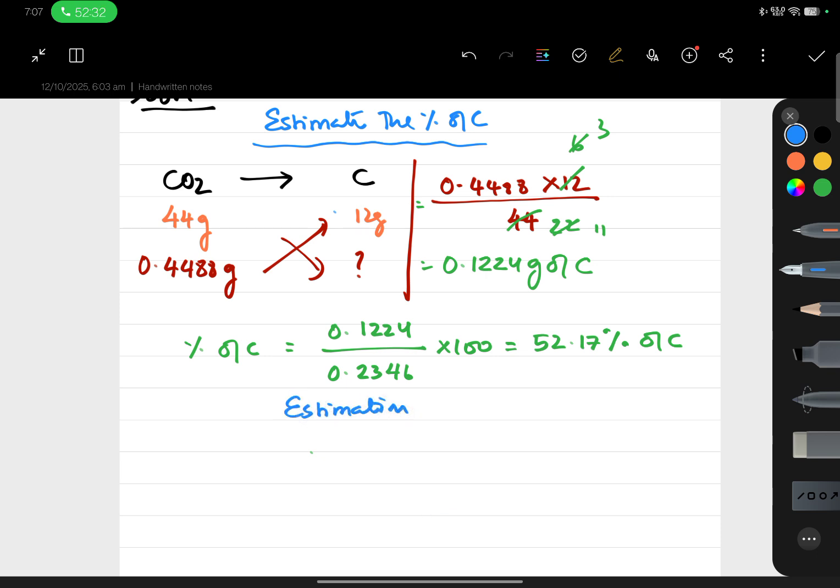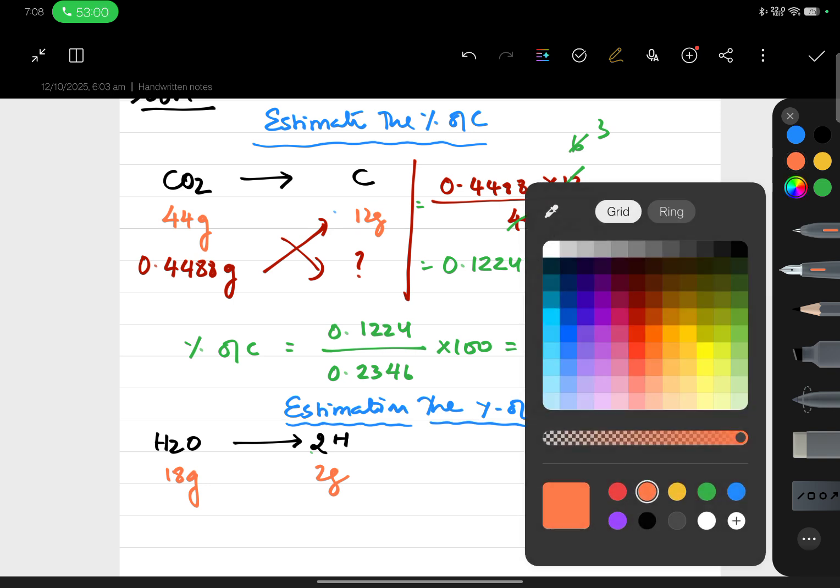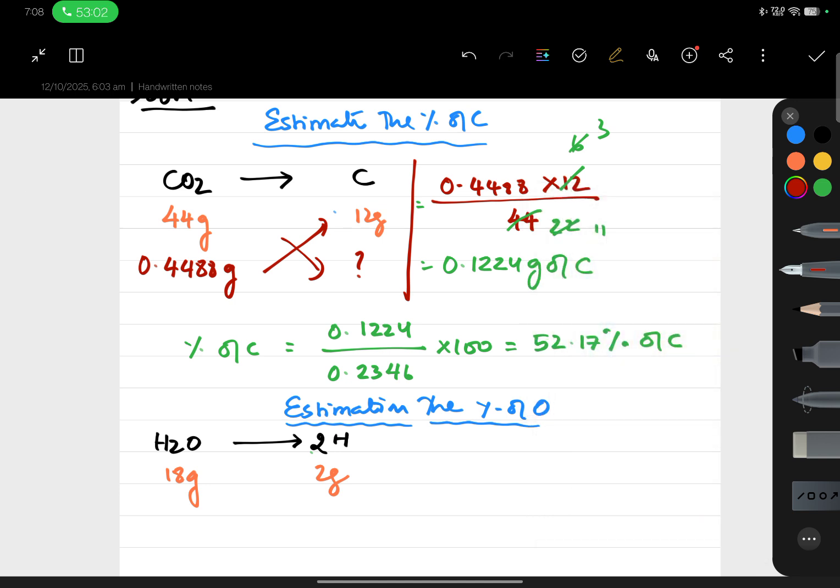Next, to estimate the percentage of hydrogen. How do you do the calculation here? As usual, the water molecule contains how many hydrogen? 2 hydrogen. So what is the mass? 18 grams of water contains 2 grams of hydrogen. So what is the mass of water they have given? 0.2754 grams.